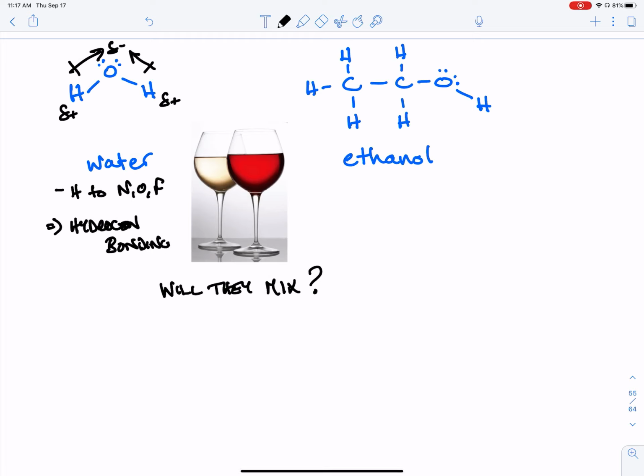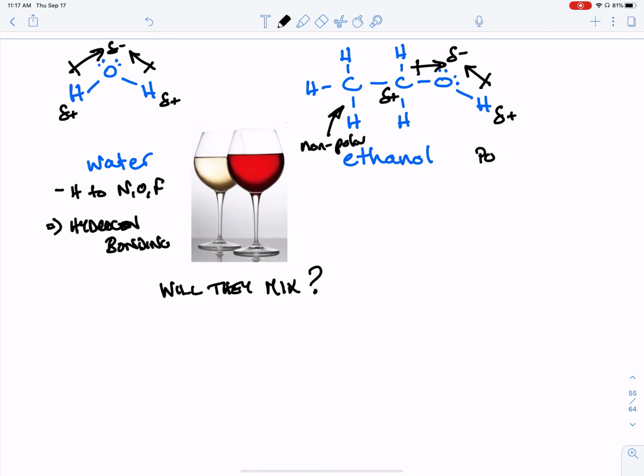And if we look at ethanol, which is a more complicated molecule, but if we look at these bonds here, these carbon-hydrogen bonds, these are non-polar. However, over here we have an oxygen bonded to a hydrogen, which does form a polar bond. A carbon bonded to an oxygen also forms a polar bond. So this is going to be negative, this is going to be positive, this is going to be positive.